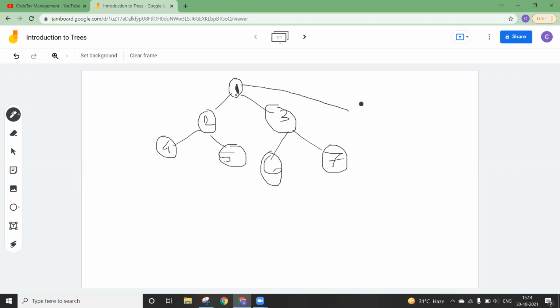Suppose this is 8, this is 9. So here every circle represents a node and every arrow represents the hierarchy. This arrow represents the hierarchy.